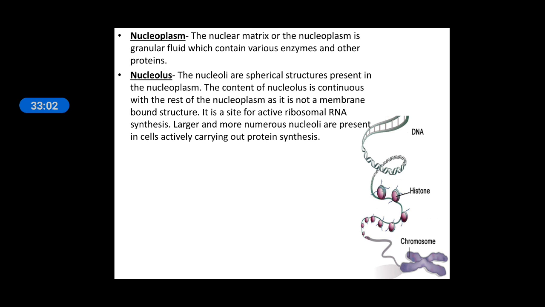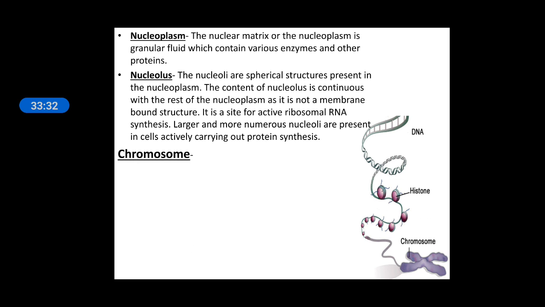Ribosomes are the site for protein synthesis. So for making more proteins, we require more ribosomal RNA or ribosomes, and for more ribosomal RNA, we will require a larger number of nucleoli.